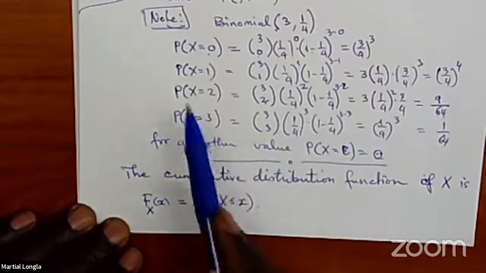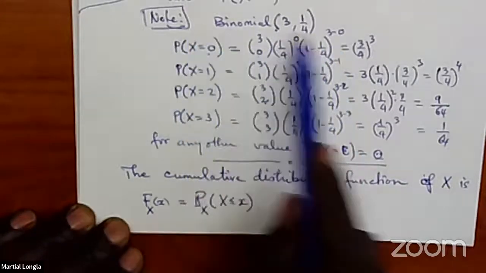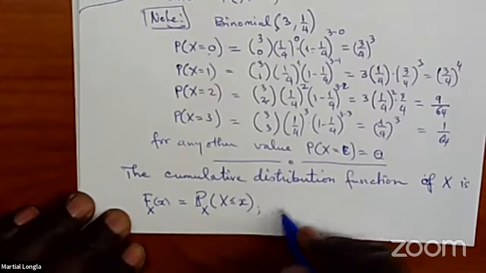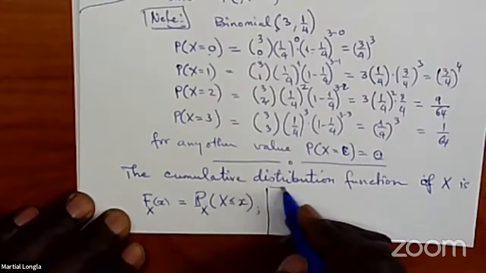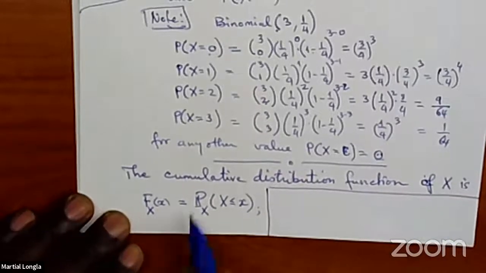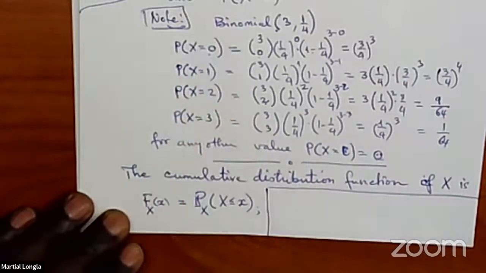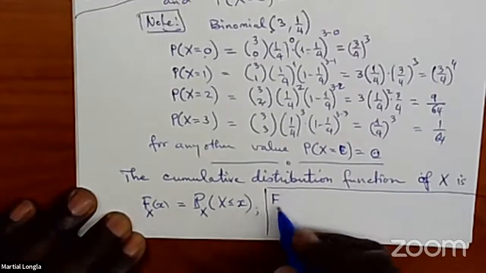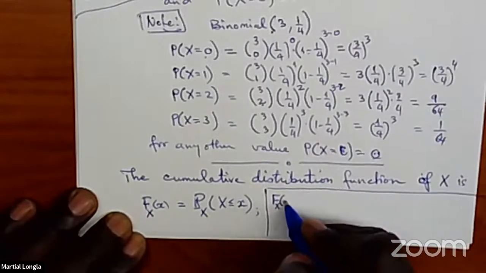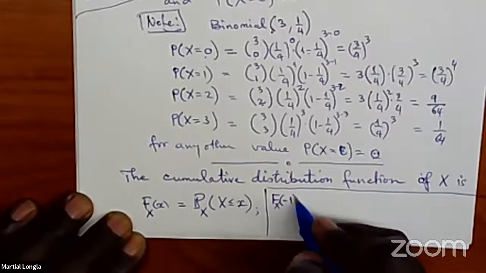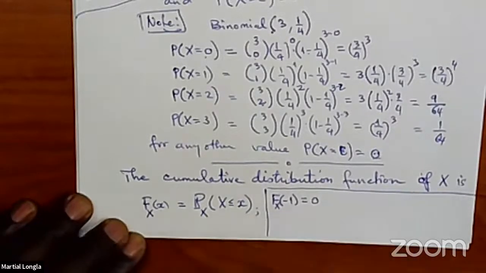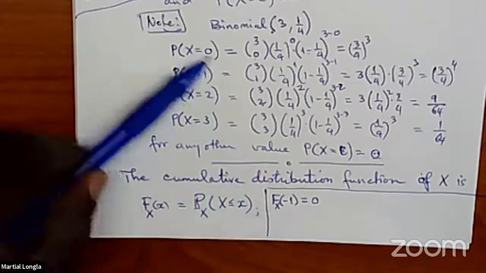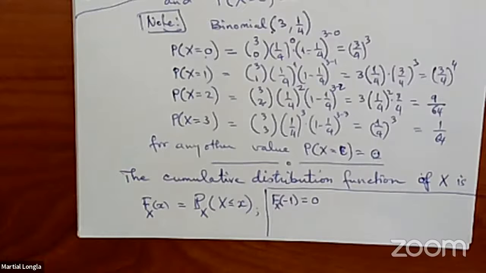So if we take the example that we have up here, capital F(x) of -1 is 0 because there is no value of this random variable below -1.